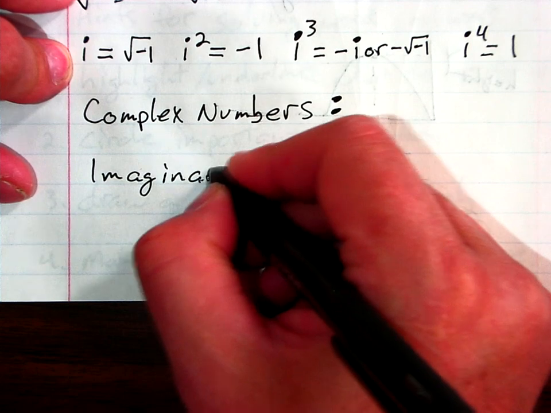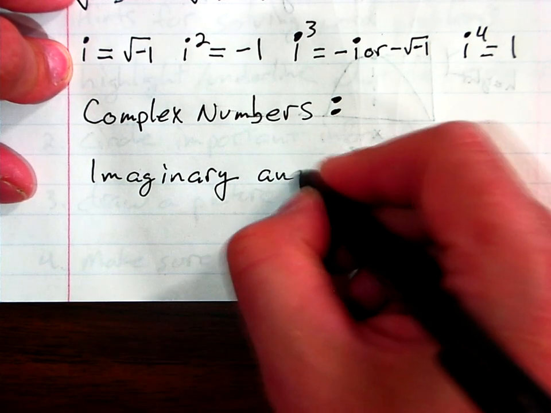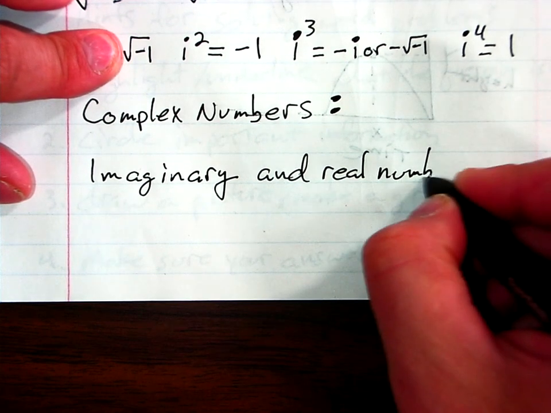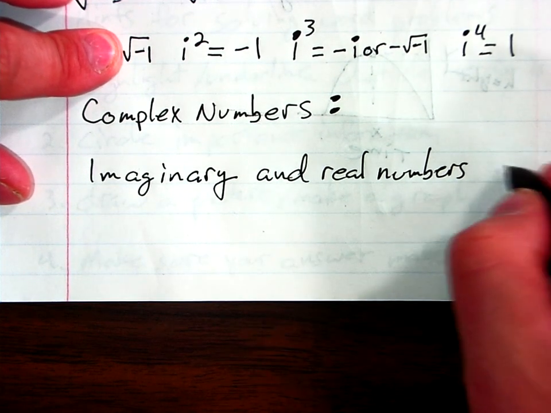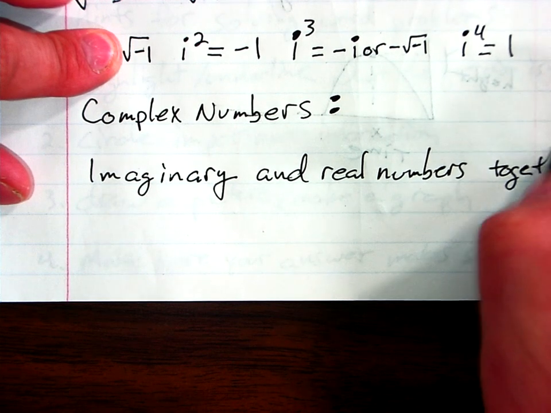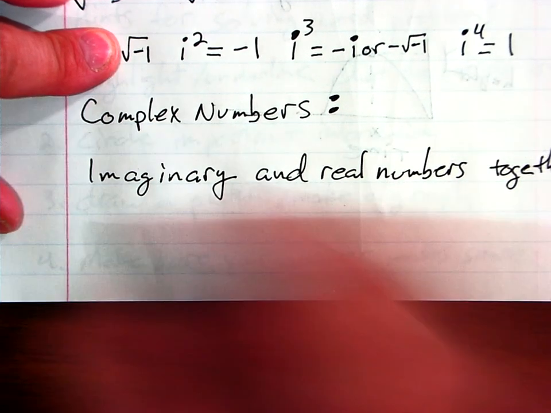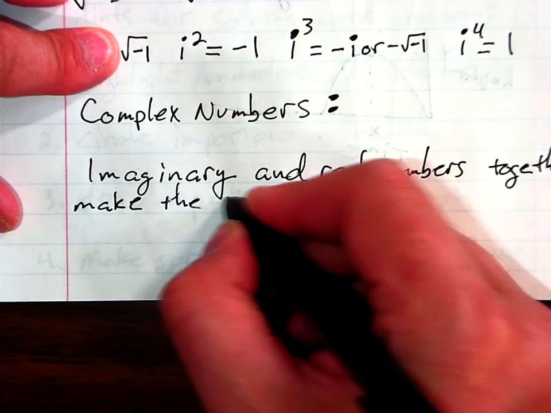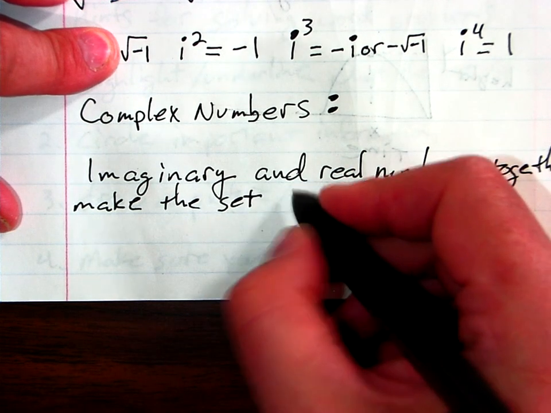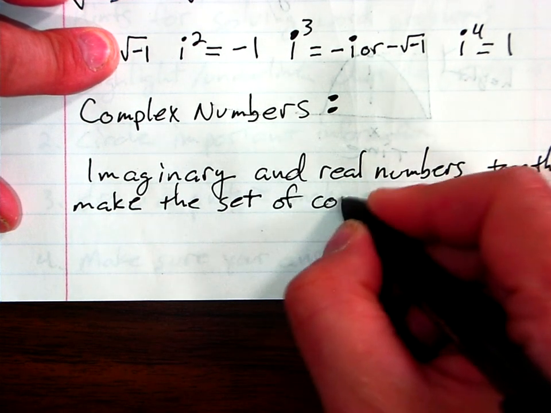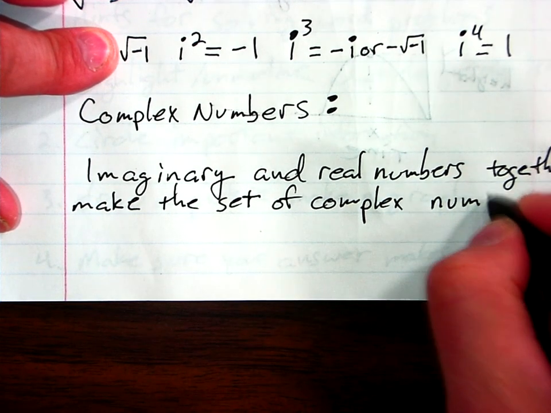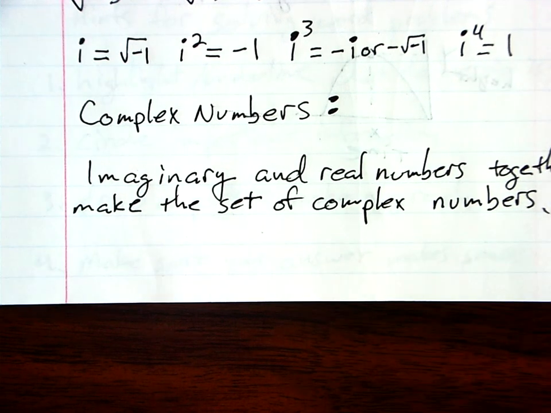Imaginary and real numbers together make the set of complex numbers. So like I said, complex numbers are more than one part. That's all complex means. More than one part.